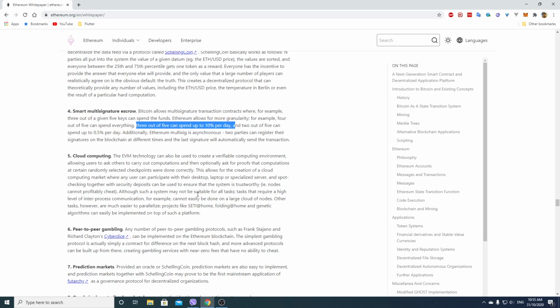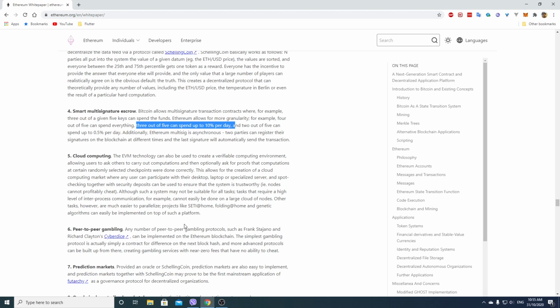Although such a system may not be suitable for all tasks, tasks that require high-level interpersonal communication, for example, cannot easily be done by a large cloud of nodes. Other tasks, however, are much easier to parallelize. Projects like SETI@home, Folding@home, and genetic algorithms can easily be implemented on top of such platforms.